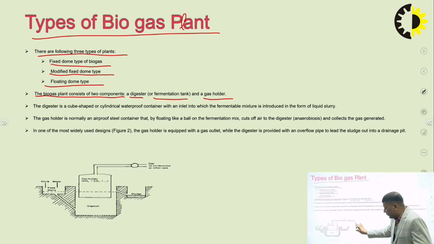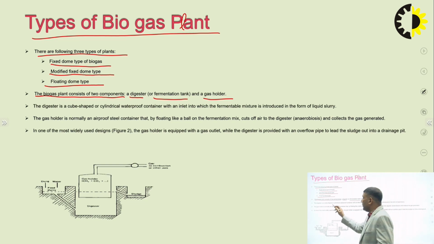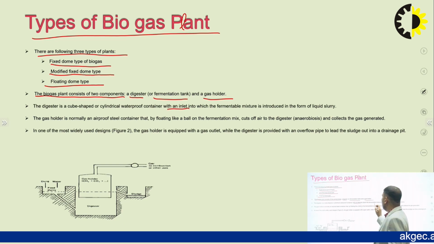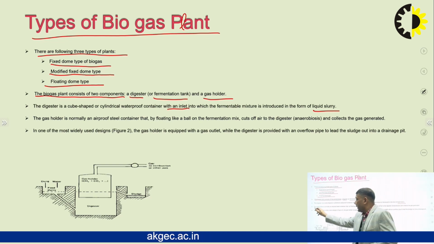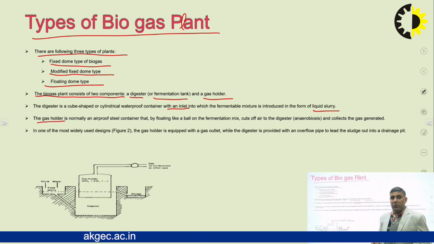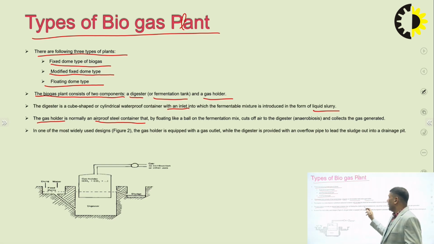This is the basic structure of a biogas plant. The digester is a cube-shaped or cylindrical waterproof container with an inlet into which the fermentable mixture is introduced in the form of liquid slurry. The next is the gas holder. The gas holder is normally an airproof steel container that floats like a ball on the fermentation mix and cuts off air to the digester.